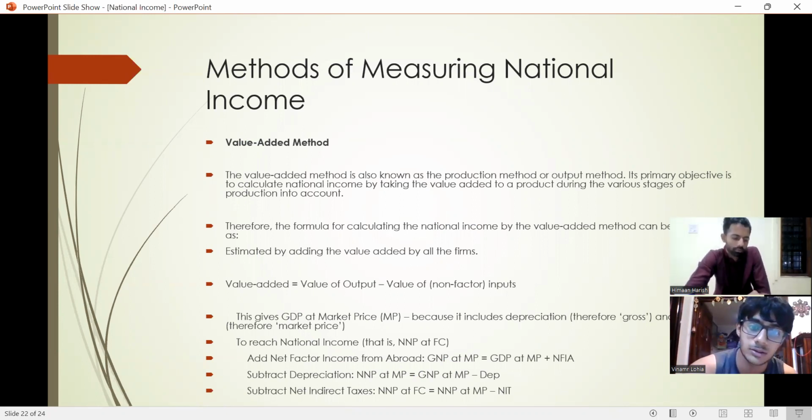So there's a change in the value added method because the previous presentation, which was sent at the end of the last session, said that the value added method is equal to the NDP at factor cost plus net factor income from abroad, right? Which is the same as the income method. So there's a slight change here.